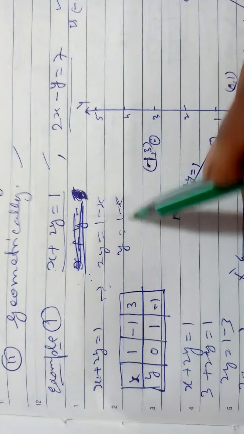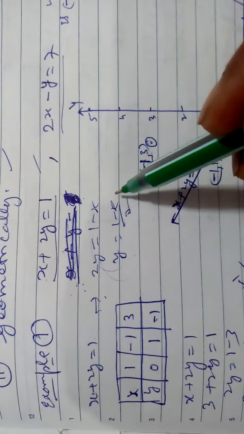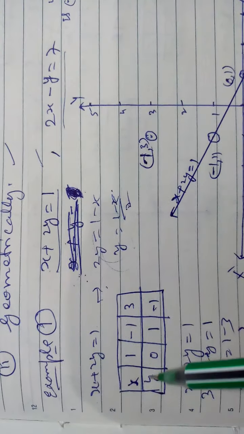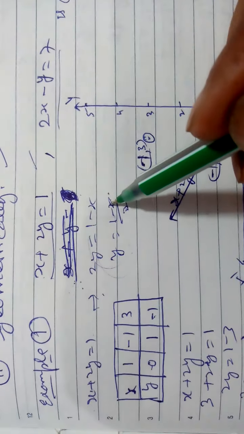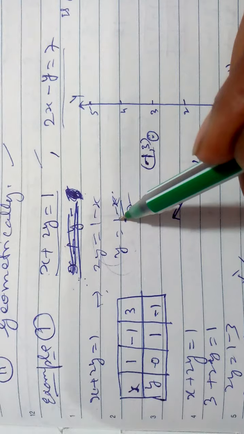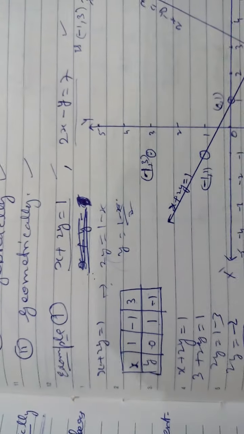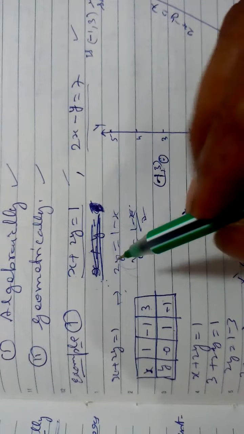Put x as 1: 0 by 2, that is 0. Put x as minus 1: 2 by 2, that is 1. Put x as 3: minus 2 by 2, that is minus 1. Like this you will get three solutions.